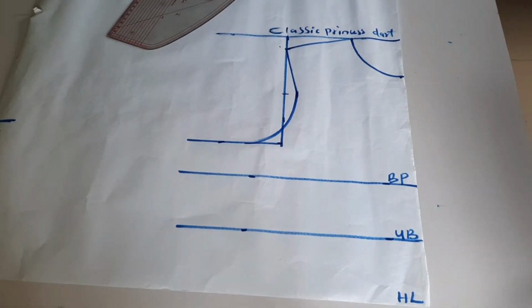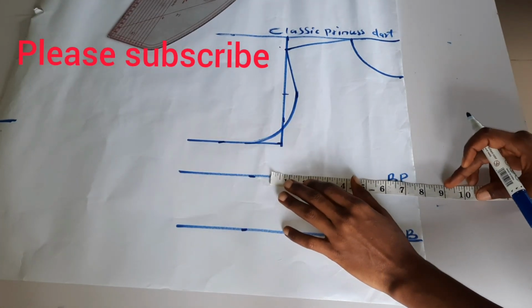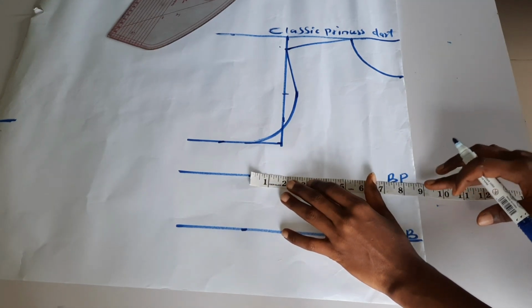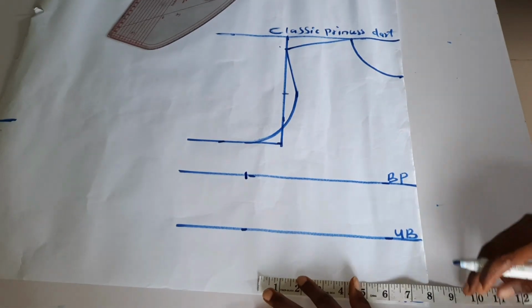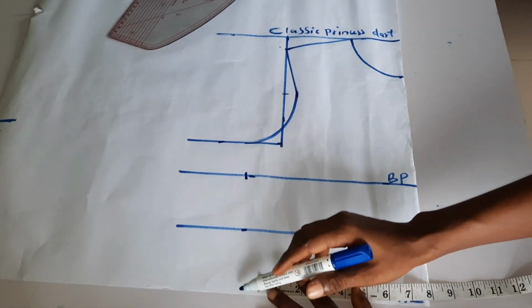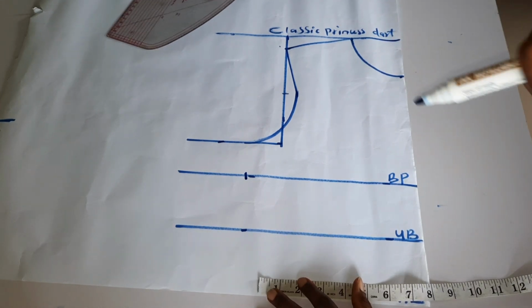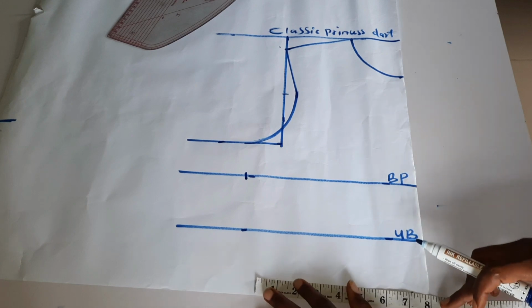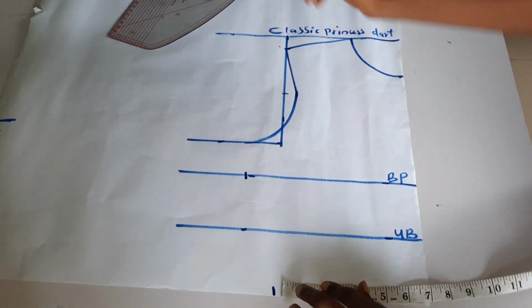So next, I'm going to be inserting my bust measurement, which is 35. If I divide by 4, I will have 8.75 here. Because my under bust circumference and my half length circumference are the same thing, I'm just going to insert that under bust circumference measurement here, 7 inches.